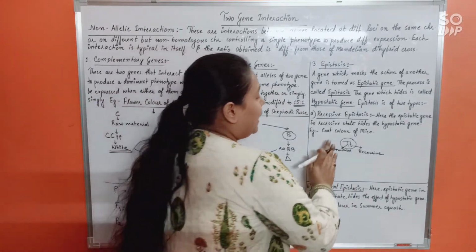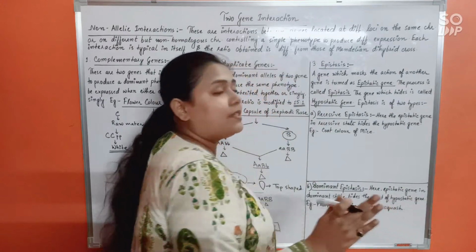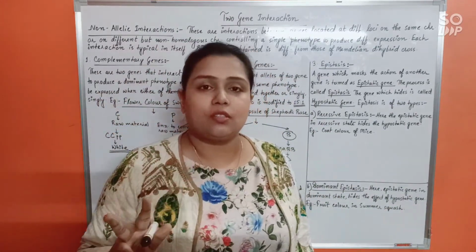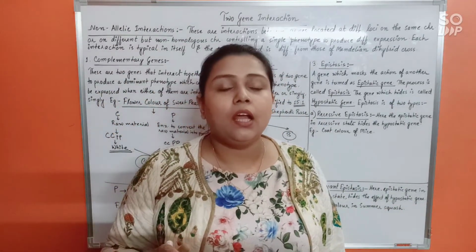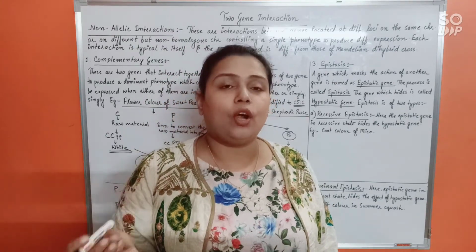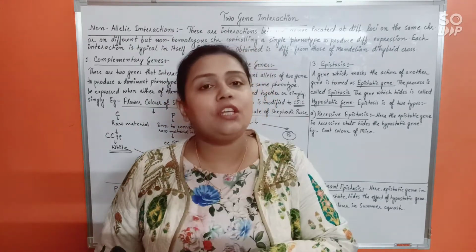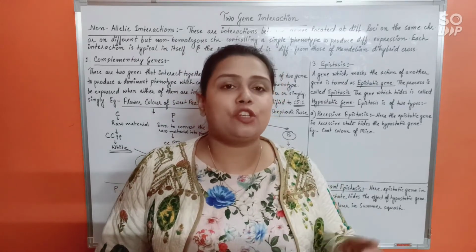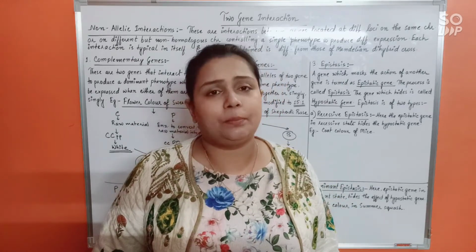So in that case, epistasis simply means two genes are interacting in a manner that one gene is going to hide the action or expression of the other. One gene will mask the expression of the other. This is called epistasis.